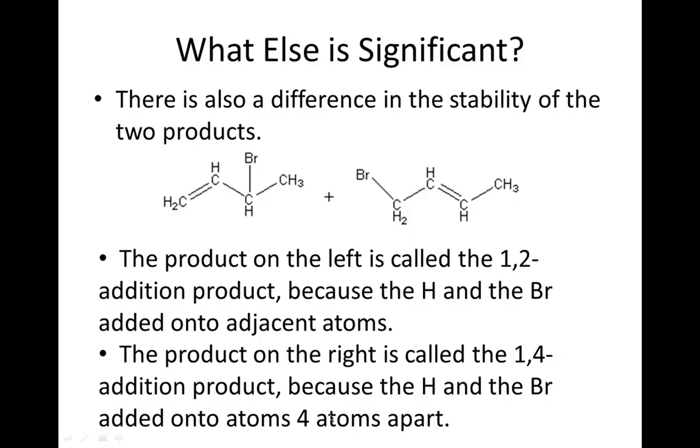And there's also a difference in the stability of the two products. So if we look at the two products that ultimately come out of this, this is a monosubstituted double bond, and this is a disubstituted double bond. So if all we were worried about was the double bond, this would be the more stable product. And the terminology, remember, this is the 1,2 product and this is the 1,4 product.